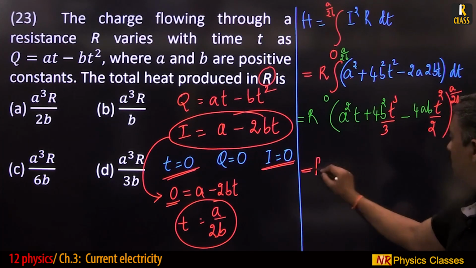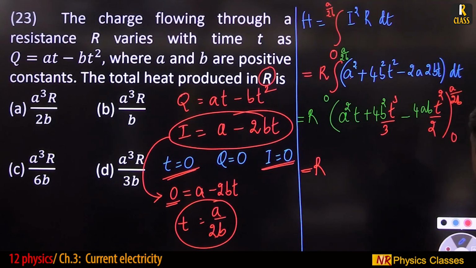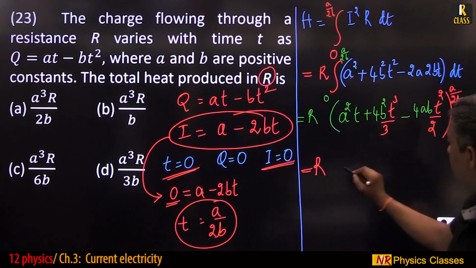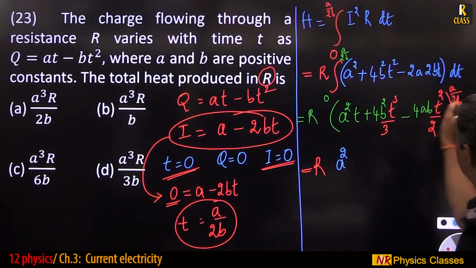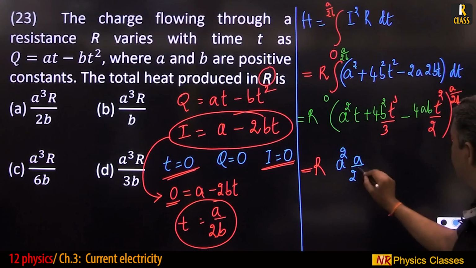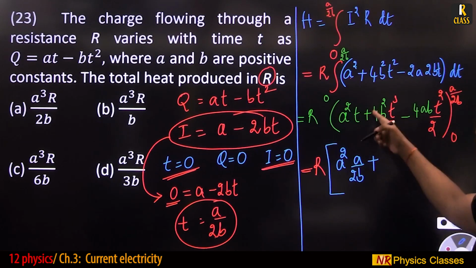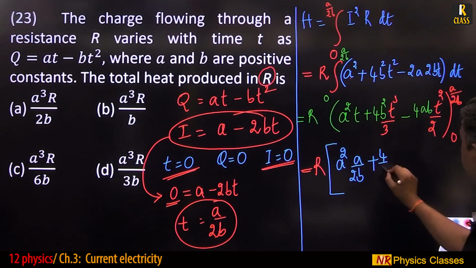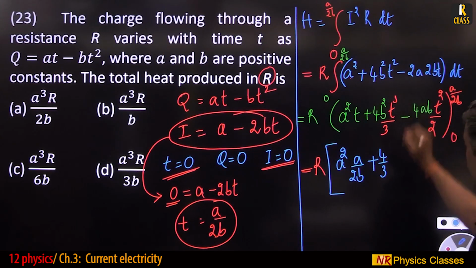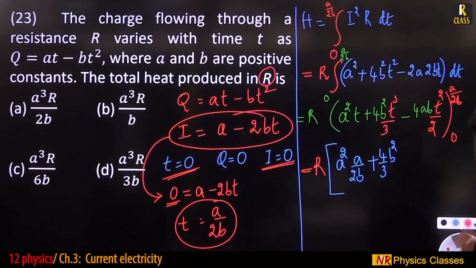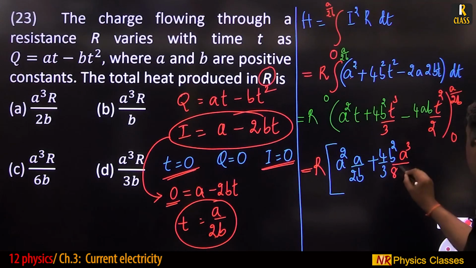Now R. Be careful. A square into t, t is A by 2B. Plus 4 by 3 B square, t cube, A cube by 8B cube.